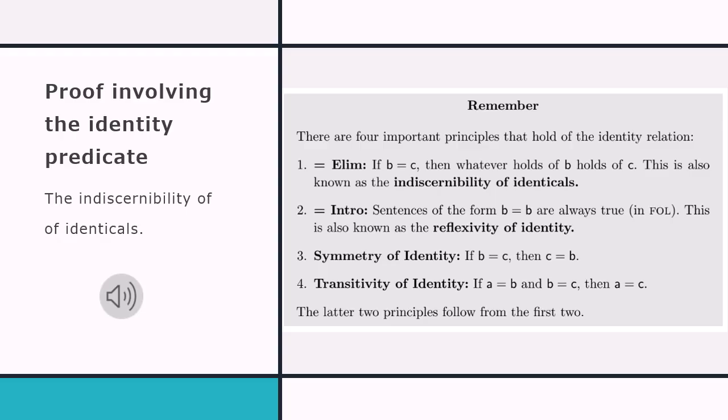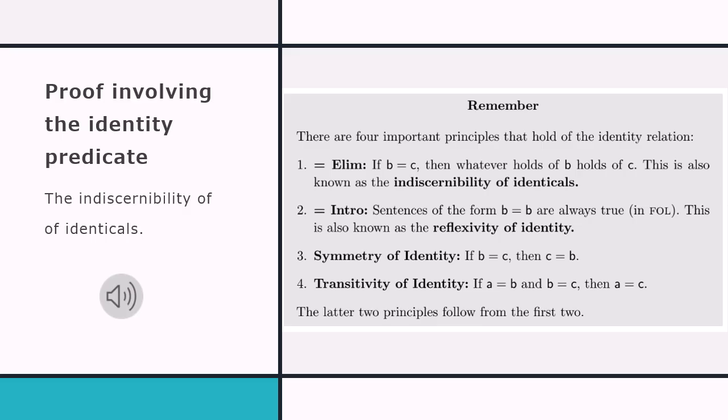And the transitivity of identity. So if A is equal to B and B is equal to C, you can conclude that A is equal to C. In other words, those are valid arguments. And it turns out that they follow from these first two rules about proving things with identity. So we'll give a formal proof of those two facts.